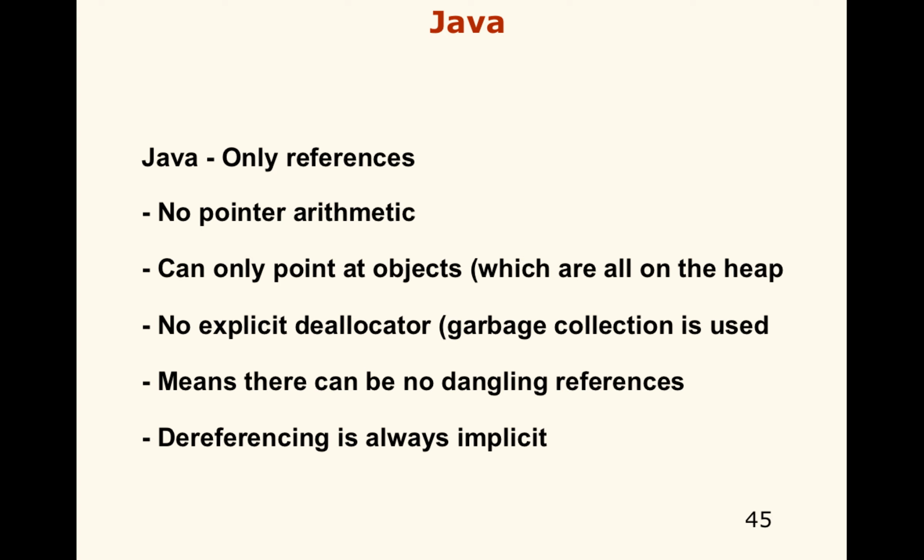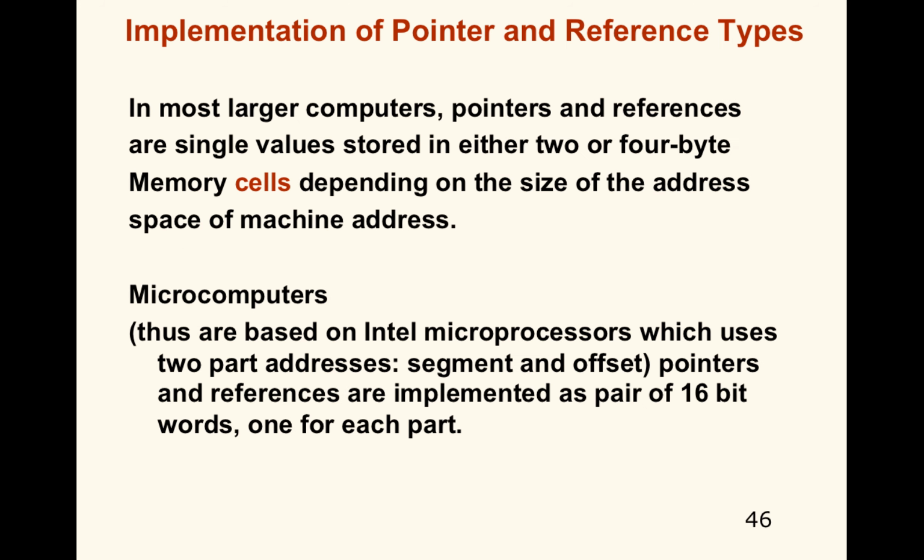So the language itself takes care of it for you, which means there cannot be any dangling references and there are no memory leaks. Dereferencing is always implicit. It's always done by the compiler. There's no need to set anything to null. It is set to null automatically by the compiler. C++ does not do that, by the way.